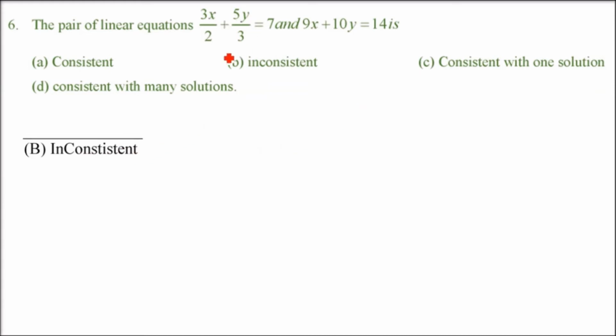We first take a1x + b1y + c1 and a2x + b2y + c2. So we take a1 by a2, (3/2) by 9, b1 by b2, (5/3) by 10, and then c1 by c2, 7 by 14.